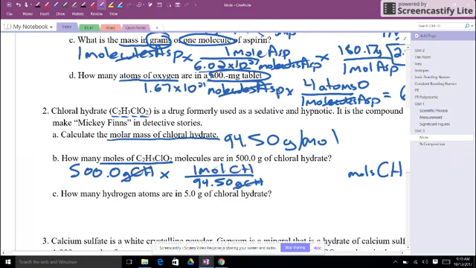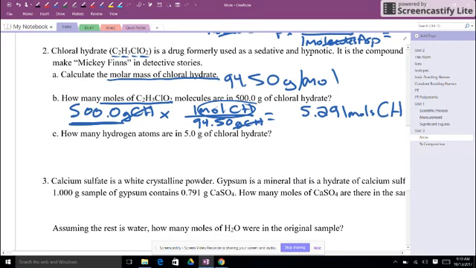So the grams unit will cancel, and I have moles on top. It looks like this is just a one-step problem where we're going to divide 500 grams by 94.50, and we get 5.291 moles of chloral hydrate. And I'm going to try and have 4 sig figs in my answer because I have 4 sig figs in my starting information.